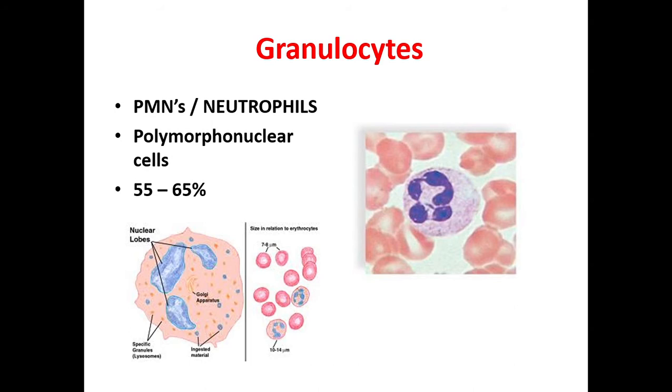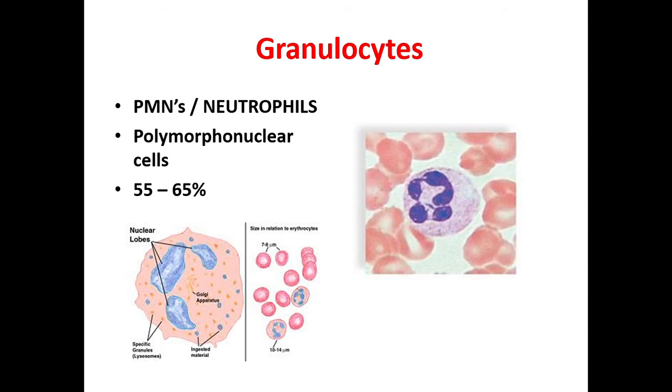These granules are seen using a sophisticated type of microscope, not the ordinary compound microscope in the lab. The granules have affinity for the neutral stains. That's why they are referred to as neutrophils.